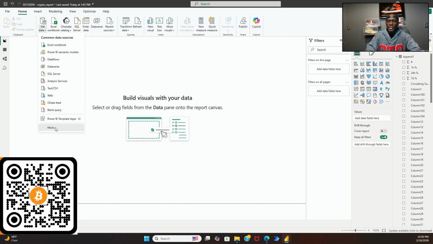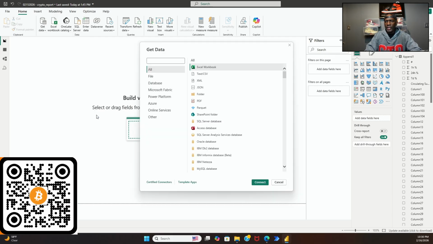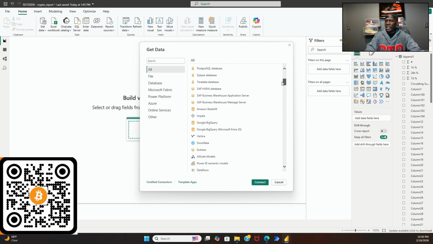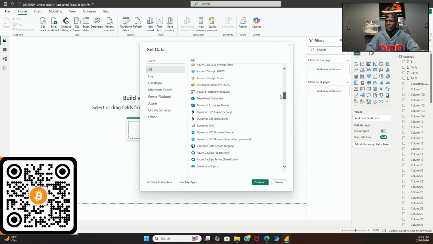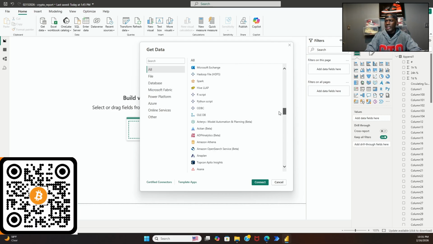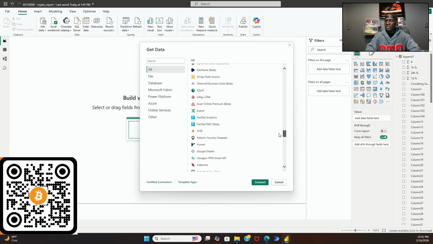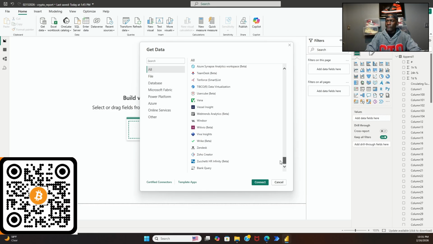We can click More, and we have all of these Microsoft sources, in addition to all of these other sources. So when I said we were getting the data from Coin Market, all of these are standard sources that we can get data from for Power BI.